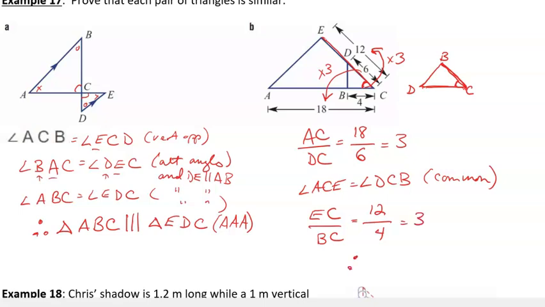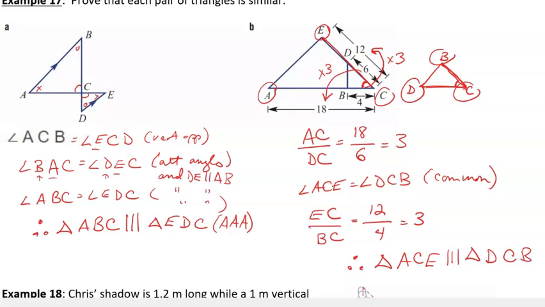So therefore, we can prove that triangle ACE is similar to triangle DCB. And that's how they relate to each other. And what's our proof? Side, angle, side.